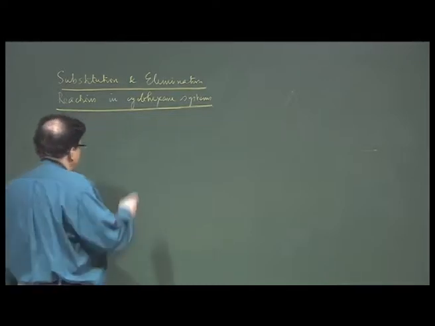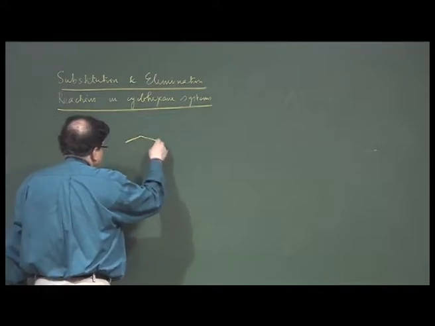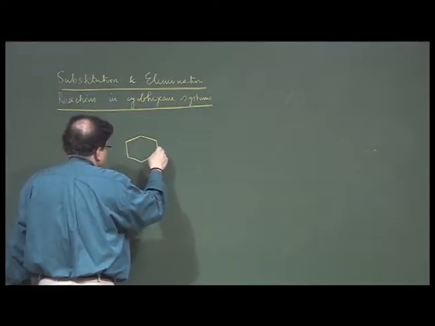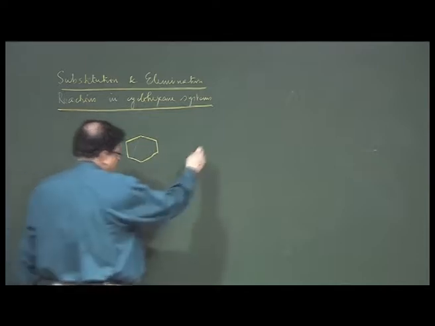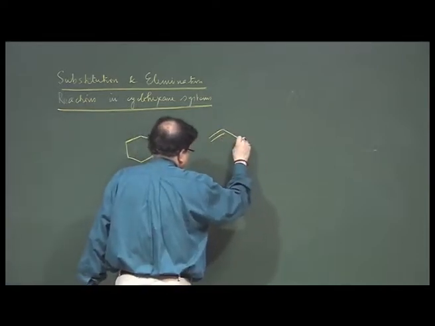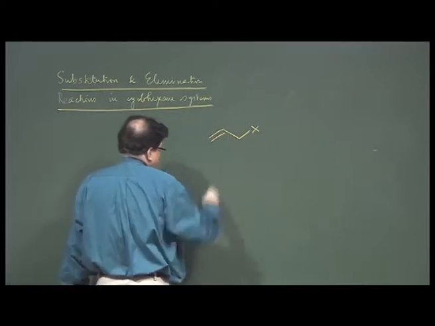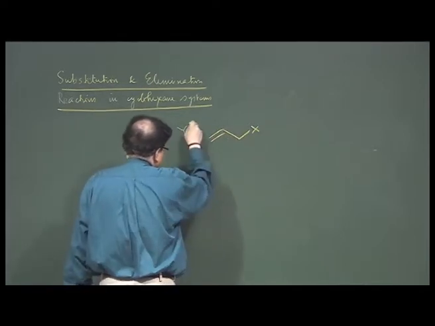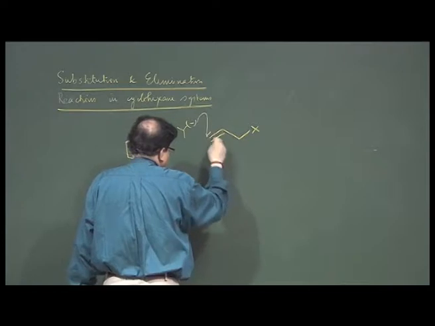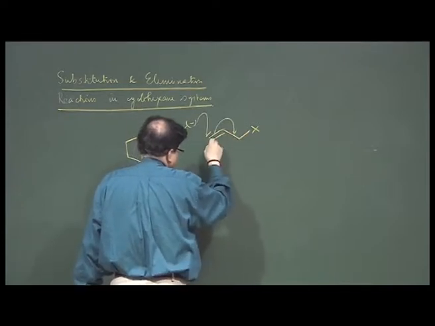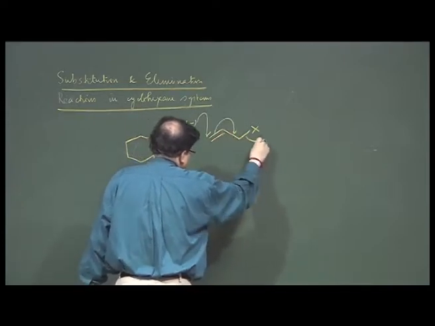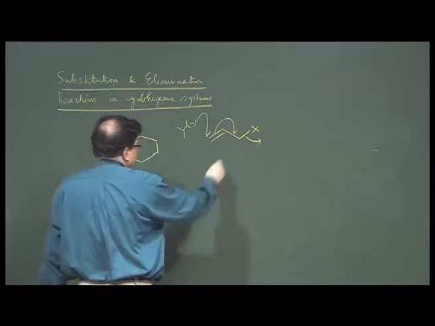Okay. See, there are reactions which go via allylic rearrangement. That means, if you have a leaving group here and an allyl system, and if you add the nucleophile, it can attack this carbon, and then the process can go in this way.